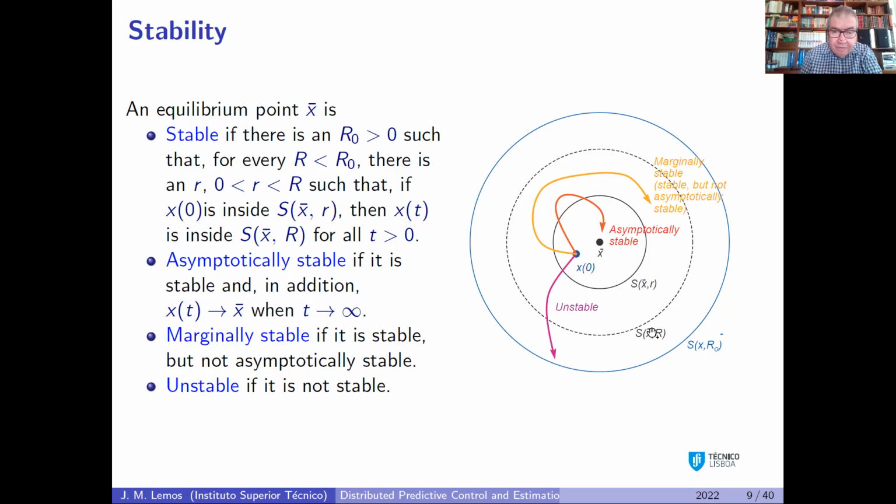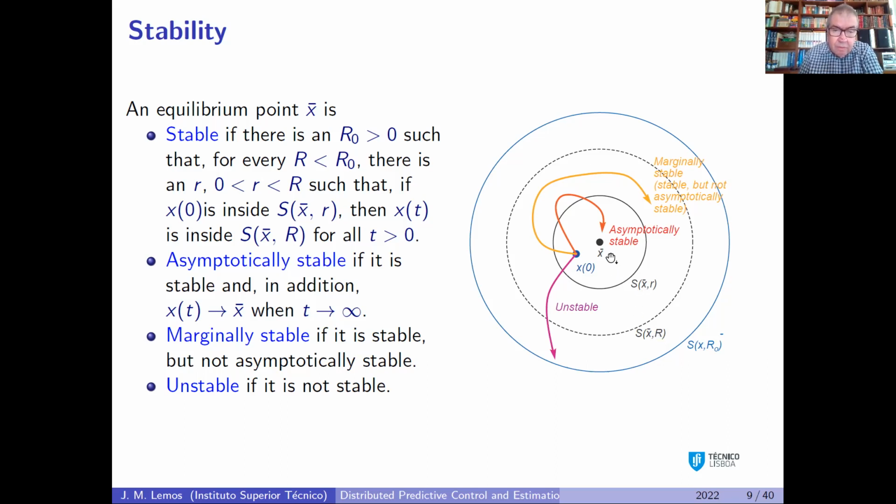And I should be able, if the equilibrium is stable, to find a smaller ball of radius small r, this other ball here, such that if I start at any point inside this ball, apart from the equilibrium, of course, since if I start at equilibrium, I stay there, I should be able to stay within the ball specified by Tiago, the one of capital R. Now Tiago can say, well, you were able to do that, but now let's have a capital R which is smaller.